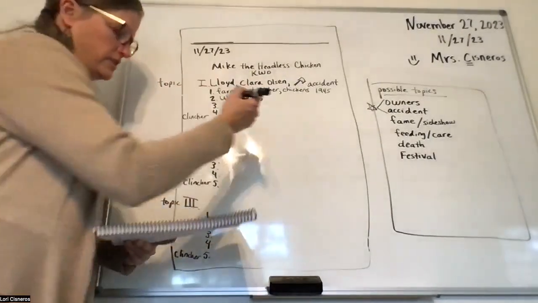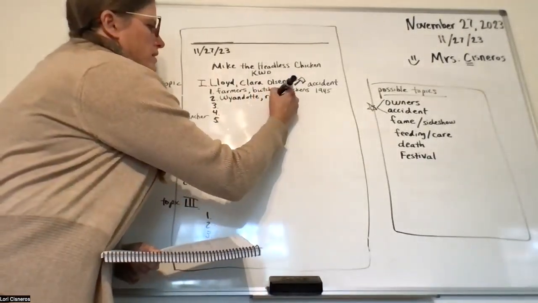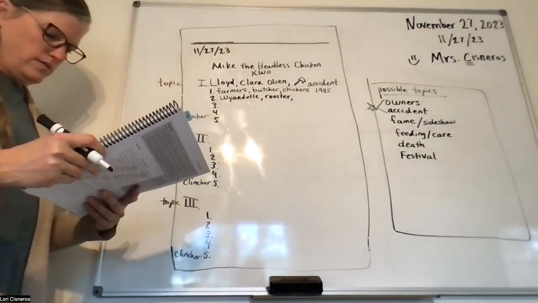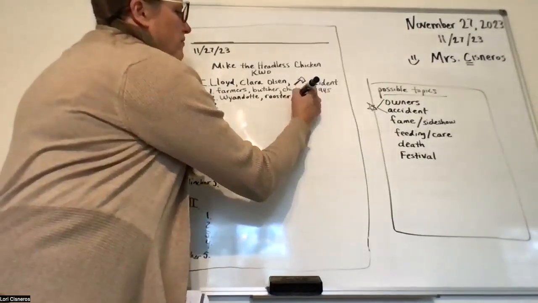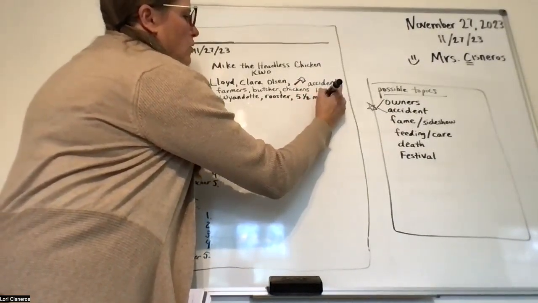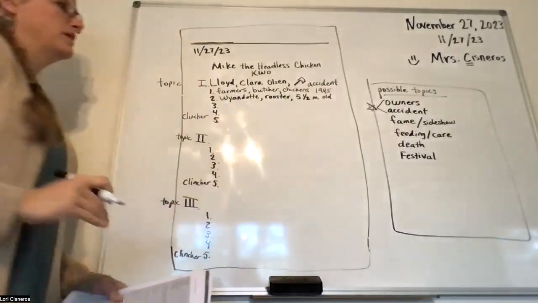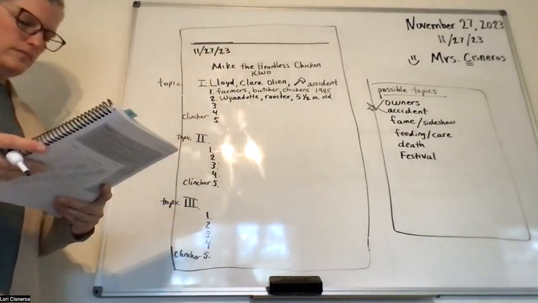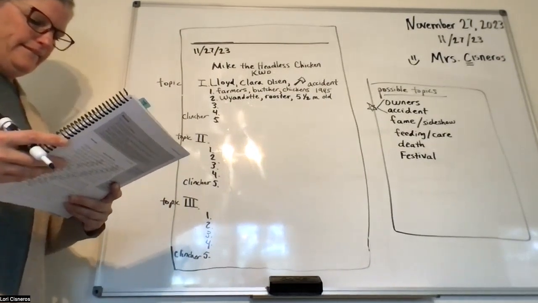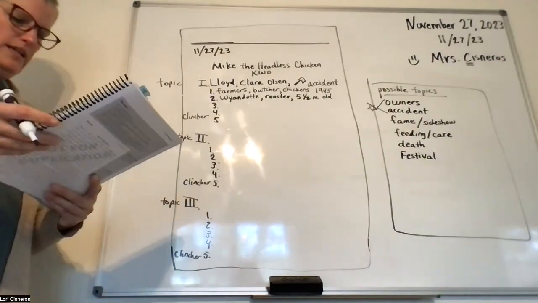I always said Wyandotte, but you could be right. And then how old was he? 5.5 months old. I'm just going to put M old. 5.5 months old. But old is a word.